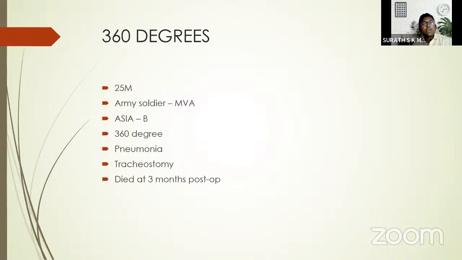If the patient is old or Asia A, I don't want to go for big procedures like 360-degree fixation. I just do either the anterior approach or the posterior approach according to guidelines, but selectively and depending on the circumstances.